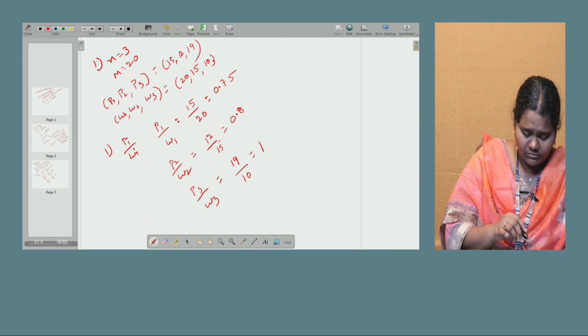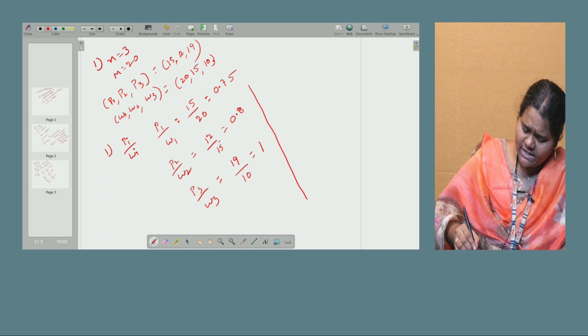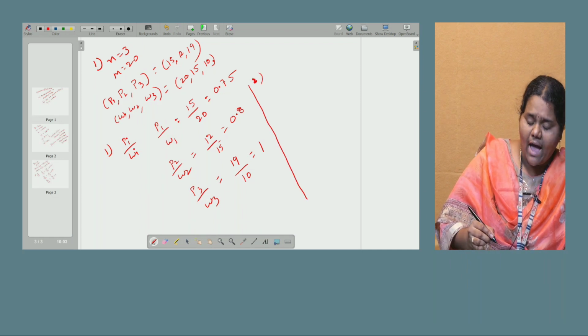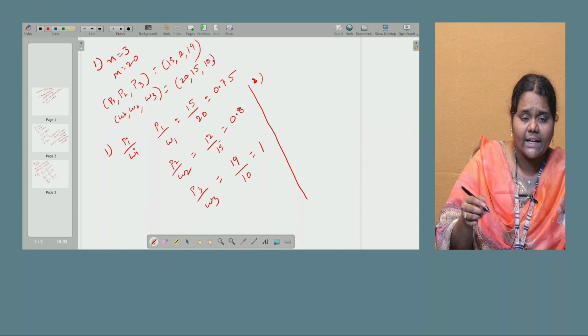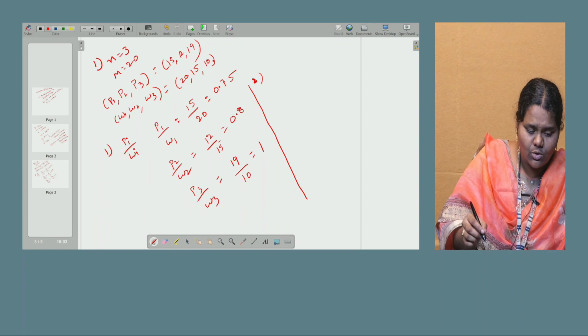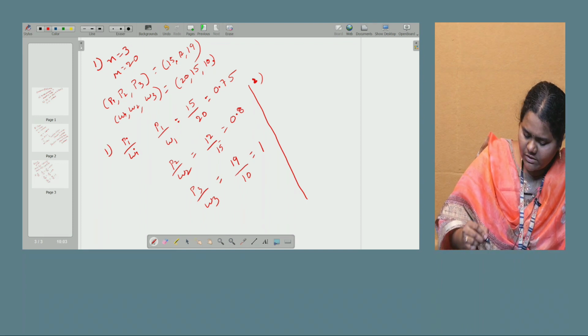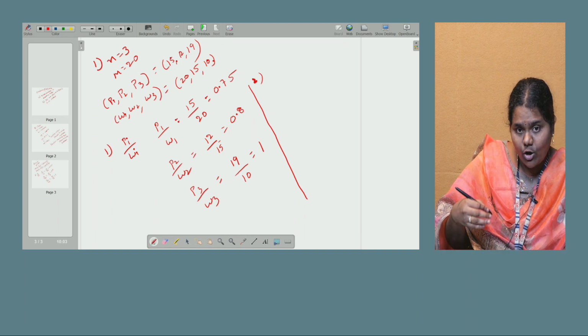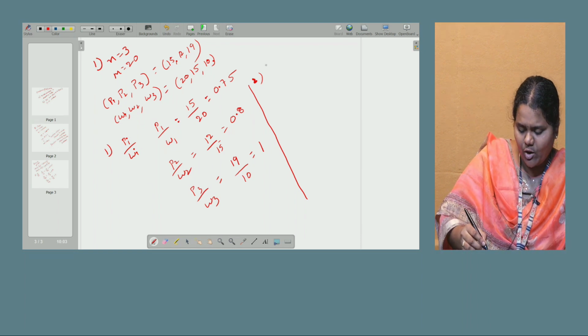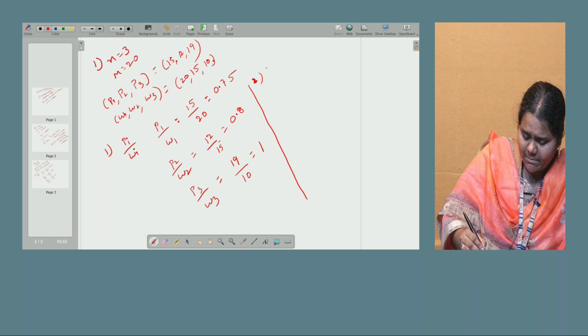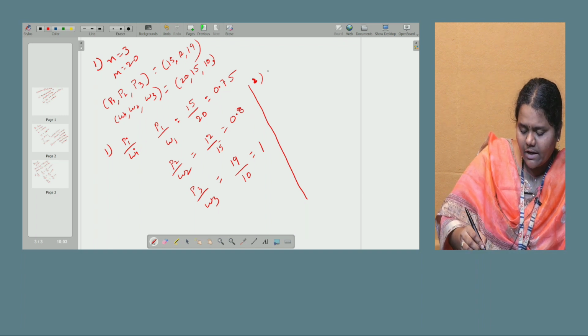Next, what is the next step here? We have to arrange all the ratios in descending order. The first object in descending order is the one with the highest Pi by Wi ratio.